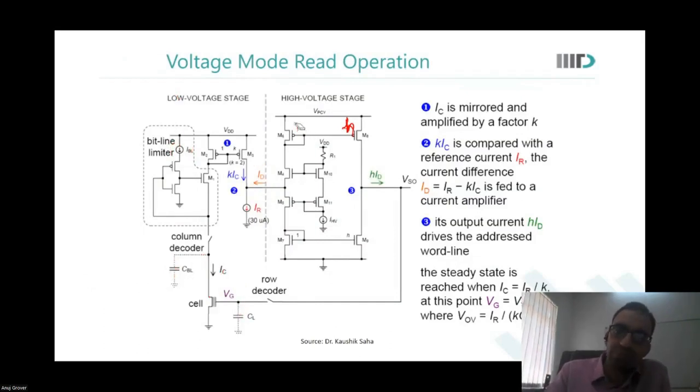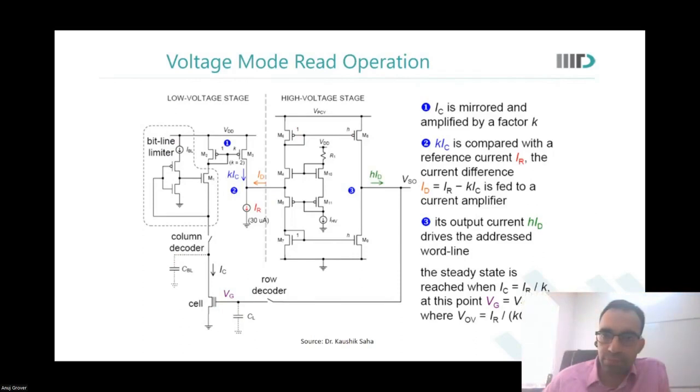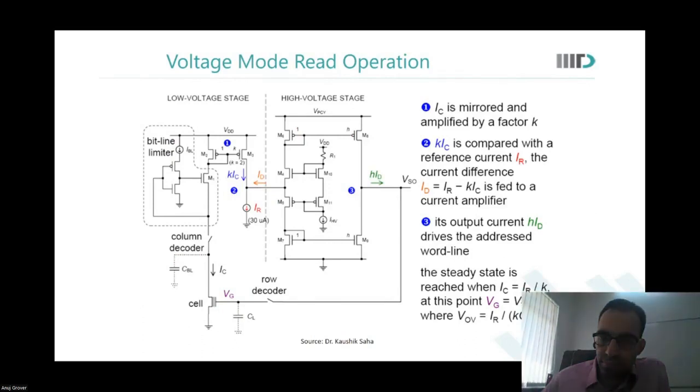Questions? So by measuring at the end, we are measuring the VG, and by measuring VG, we are saying what is the state. Yeah, okay, sir. Is that okay? Sir, who is controlling ID? Can you tell again?